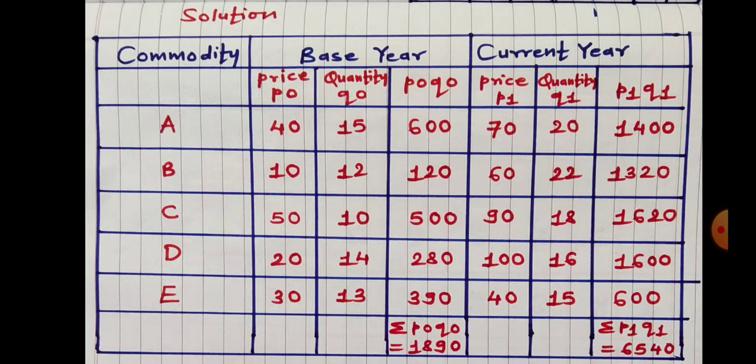After that we have to find out sigma P1 Q1. What is sigma P1 Q1? Summation of all prices and quantities in the current year. So 1400 plus 1320 plus 1620 plus 1600 plus 600, we get sigma P1 Q1, that is 6540.